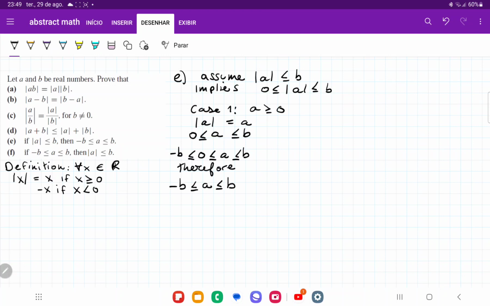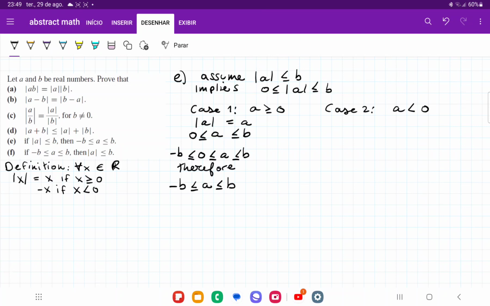And so we have shown that this is true. And now let's do case 2. So case 2, we're going to have where A is less than 0.